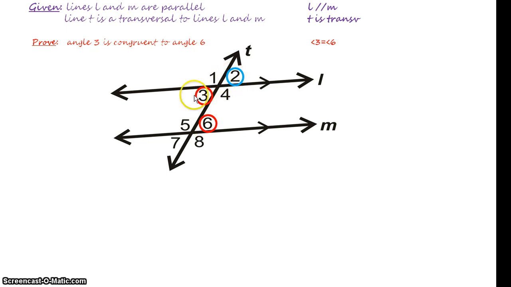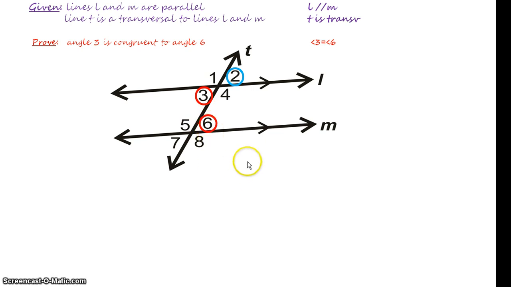Well, we know that 3 and 2 are vertical angles. So all we would really have to do is prove that vertical angles are congruent. Then we could apply our postulate that corresponding angles are congruent, and conclude that all 3 are congruent to each other, so 3 is definitely congruent to 6.